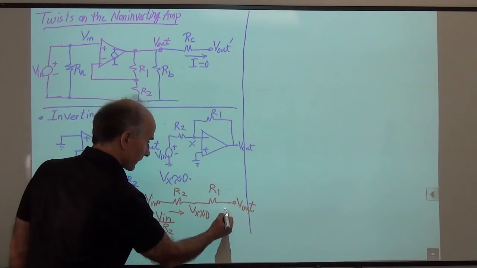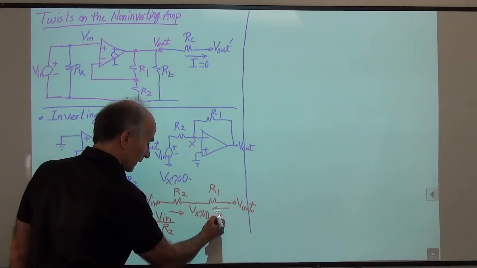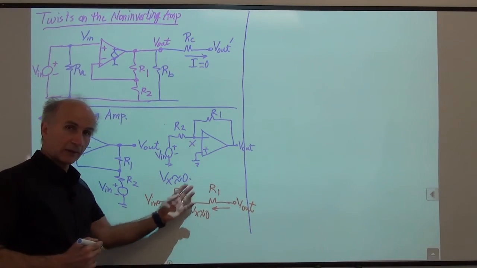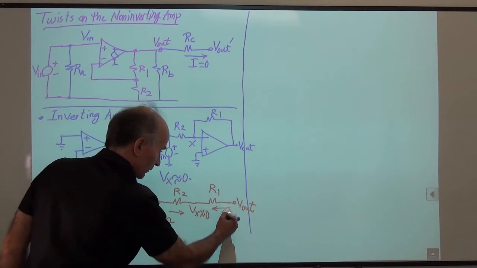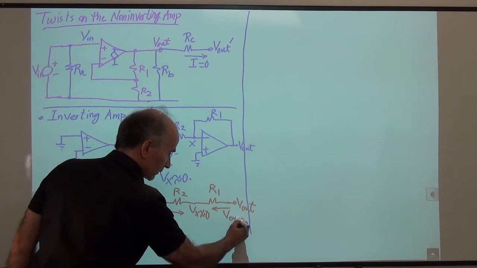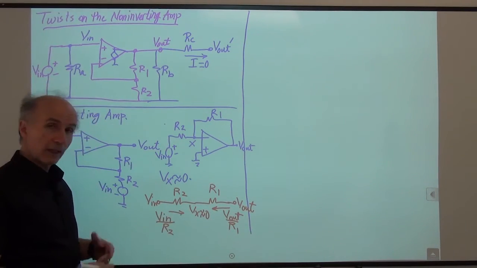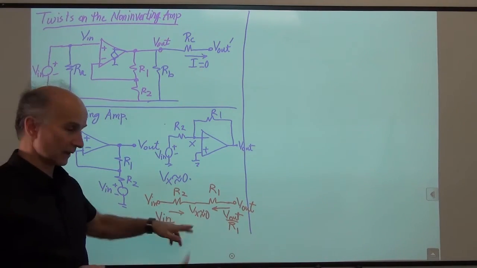We can write it like this, or like that. It doesn't matter, so let's write it this way. The voltage on the left minus the voltage on the right divided by R1. So that would be Vout over R1. Of course, both of these are approximations because this voltage is not exactly 0.